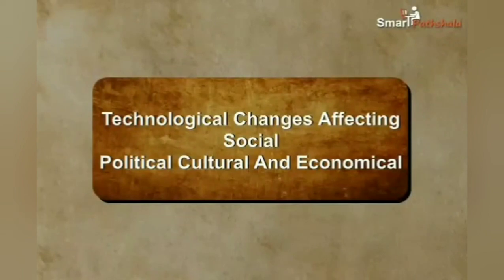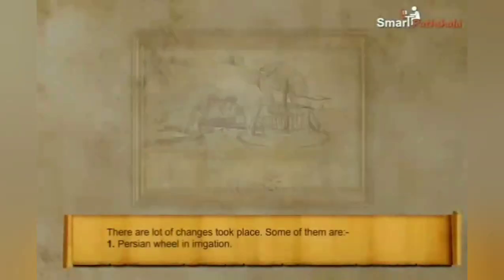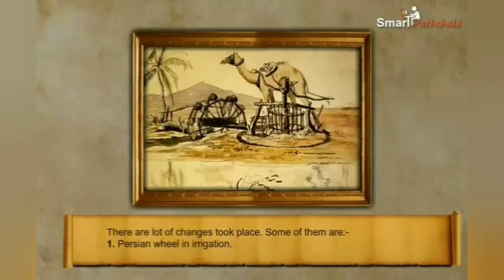Technological changes affecting social, political, cultural, and economic life. In the 1,000 years between 700 and 1750, there occurred large technological changes affecting social, political, cultural, and economic life. Some of them are: 1.